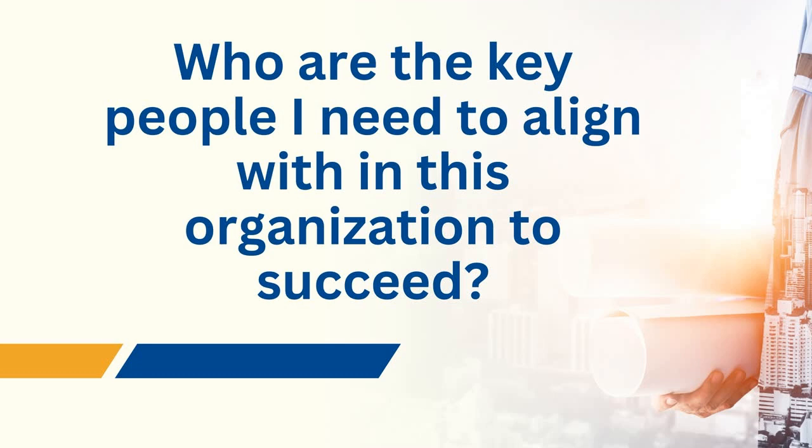So, who are the key people I need to align with in this organization to succeed? I'm going to assume that the organization we're talking about is the company that you're working for. That company could be Caltrans, it could be PG&E, or it could be Turner Construction, or any other construction company that we're going to see as the organization.